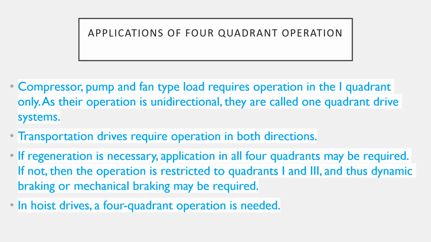If regeneration is necessary, operation in all four quadrants may be required. If not, then the operation is restricted to quadrants 1 and 3, and thus dynamic braking or mechanical braking may be required. In hoist drives, four quadrant operation is very much needed.